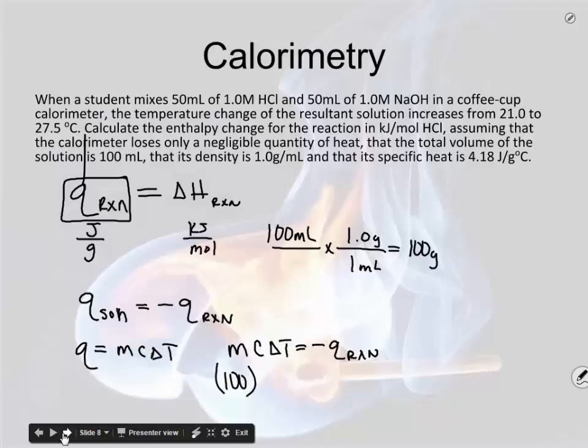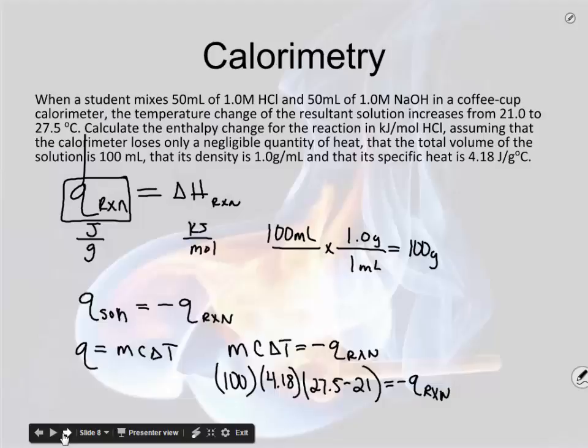Tells us our specific heat is 4.18. And our temperature change was from 27.5 to 21. And that equals negative Q for our reaction. So to solve, we're going to take 100 times 4.18 times our temperature change, 27.5 minus 21.